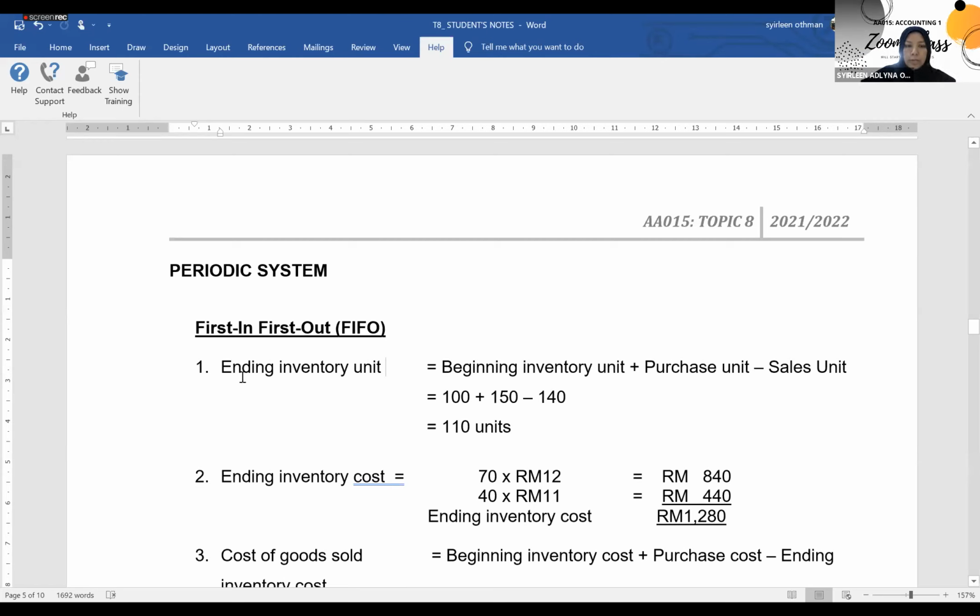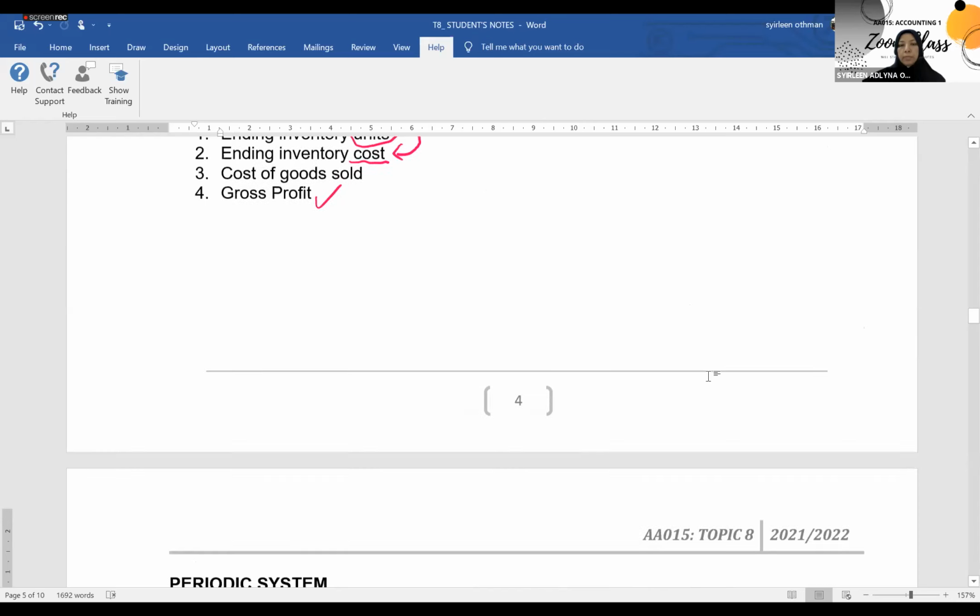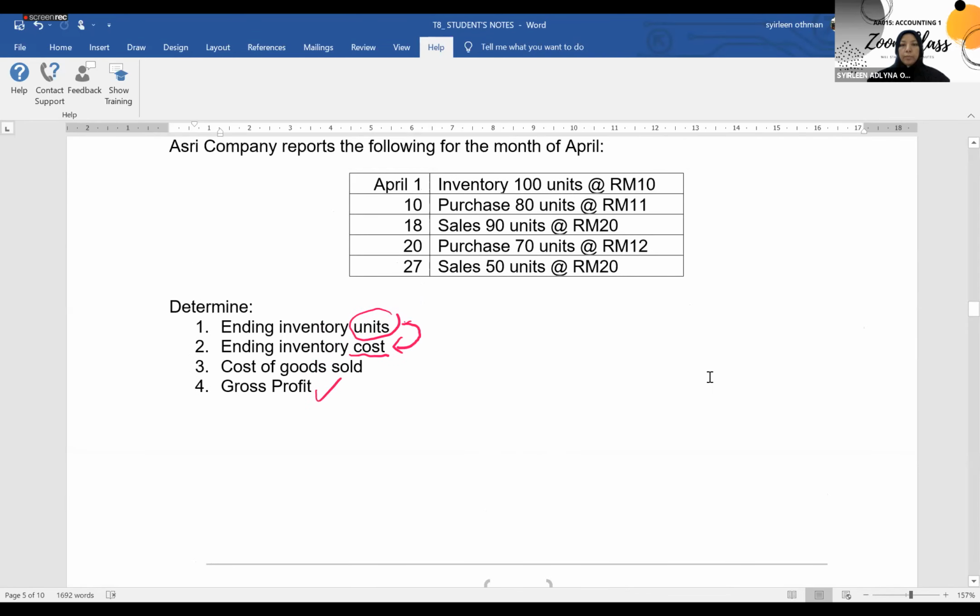So how do I calculate ending inventory unit? Awak tengok balik dalam awak punya income statement tu, you get the brief idea how. So kita akan ambil kira beginning inventory unit. Beginning inventory unit dalam soalan ialah 100. And then kita akan plus purchase unit. So purchase unit tu adalah semua yang you beli.